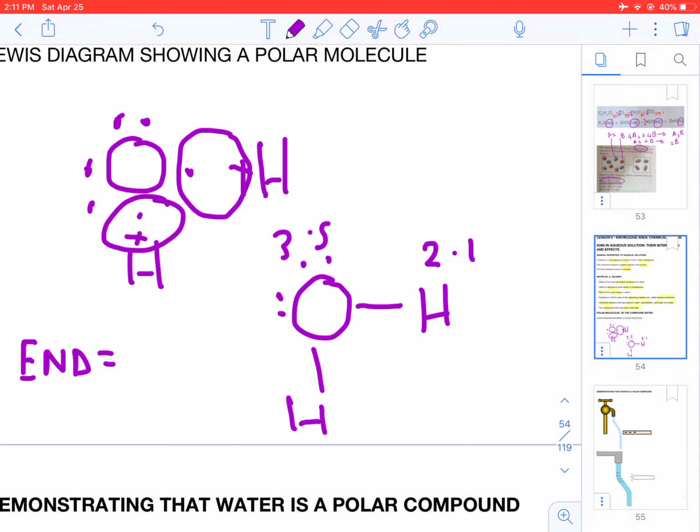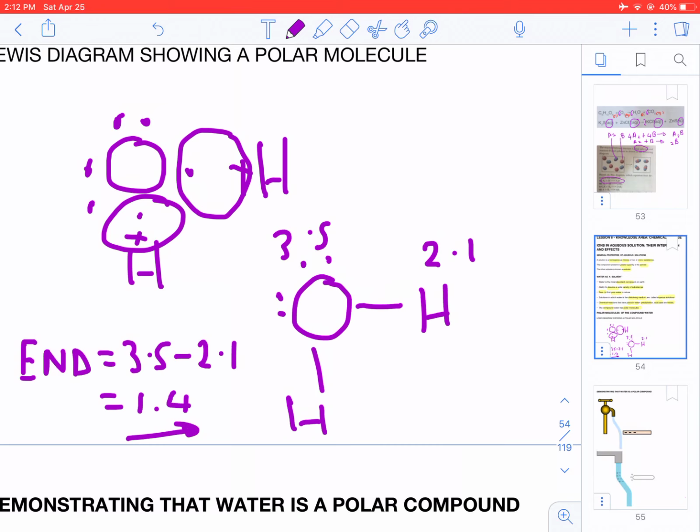So the electronegativity difference is equal to 3.5 minus 2.1, and that gives us 1.4. Which tells us that the oxygen attracts the shared pair more towards it than hydrogen.